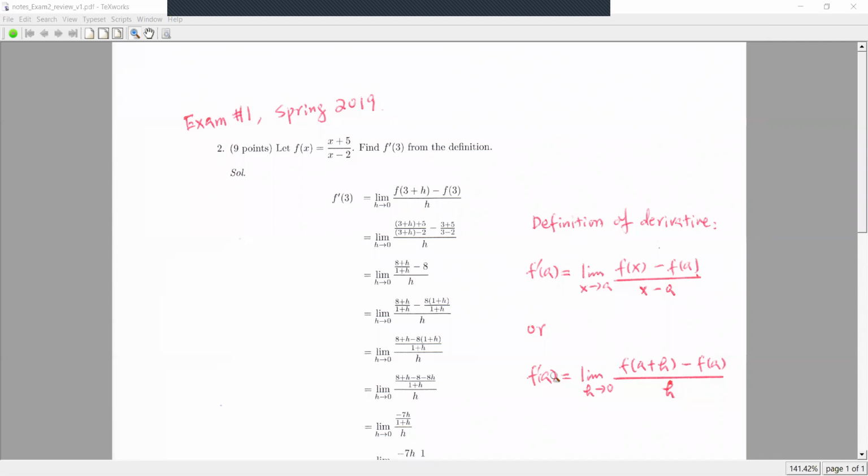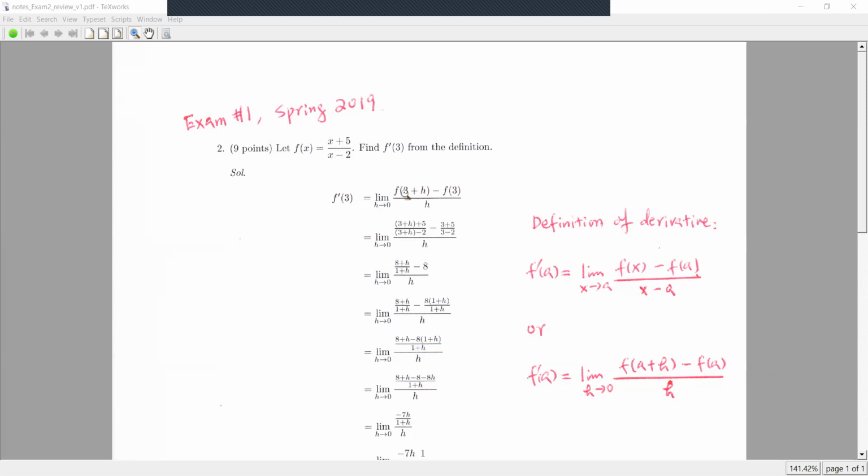Let me use this formula to compute the derivative in this problem. By this formula, the derivative of function f at point 3 is this limit. To find f of 3 plus h, replace all the x by 3 plus h here.